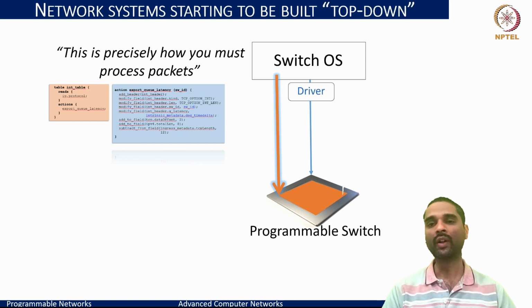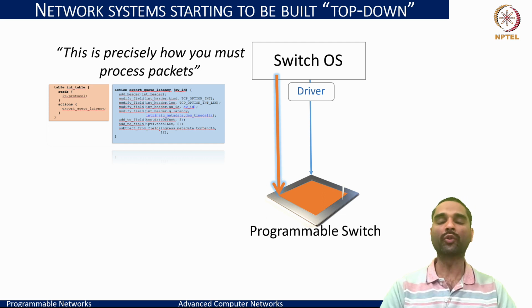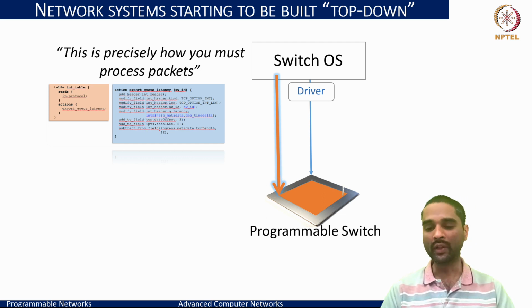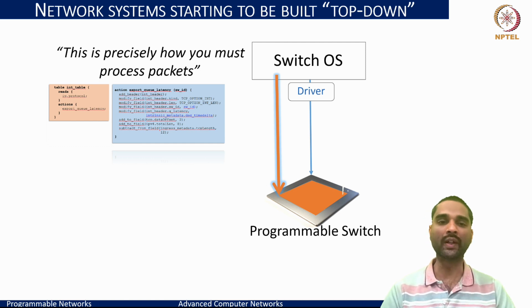In essence, we would now be baking in the functionalities for the switch to behave the way we would want it to behave. And this, by notion, is precisely how a switch should now process the packets. Rather than the OEM telling what a switch would do, the network operator or a programmer would tell, you have the ASIC, I want this ASIC to do these functionalities.